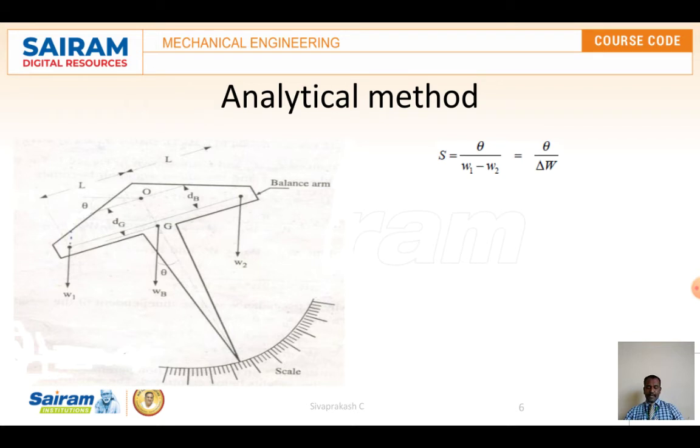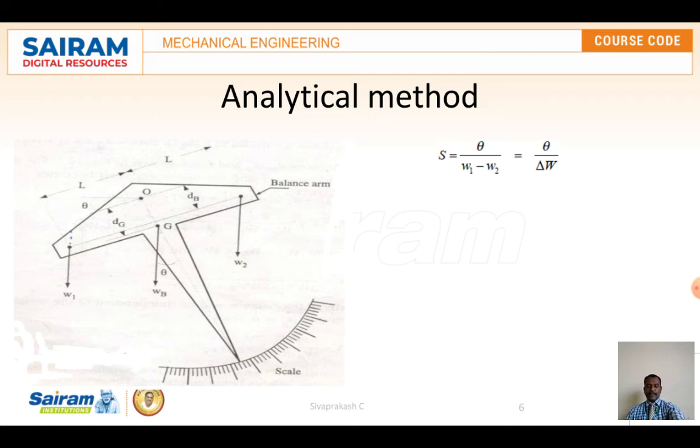Next, the balance is in an unbalanced position when the forces W1 and W2 are unequal. If W1 and W2 are equal, then the angle theta becomes 0. Suppose W1 and W2 vary, then the angle also varies. In the balance position, the weight of the balance arm and the pointer do not influence the measurement.